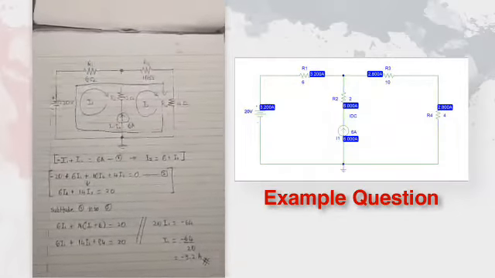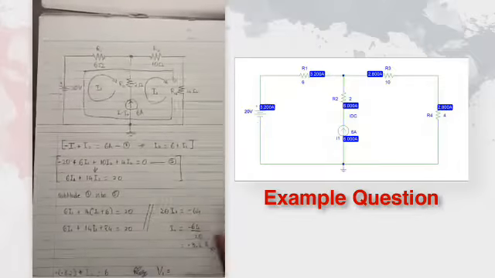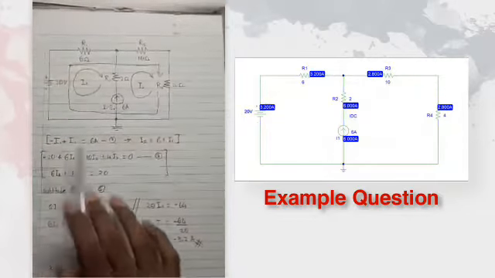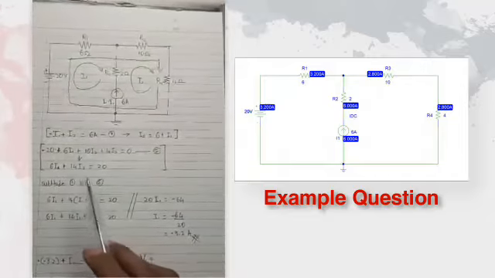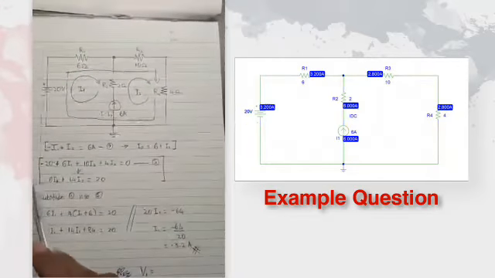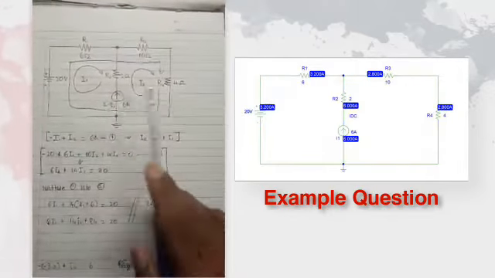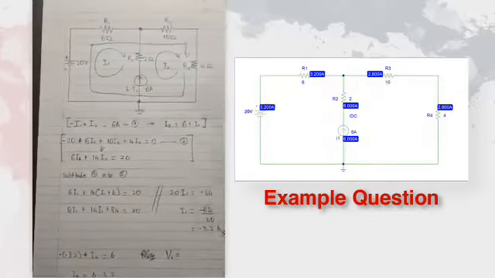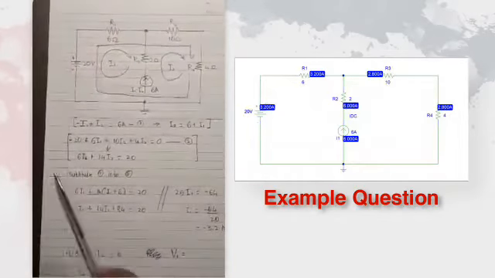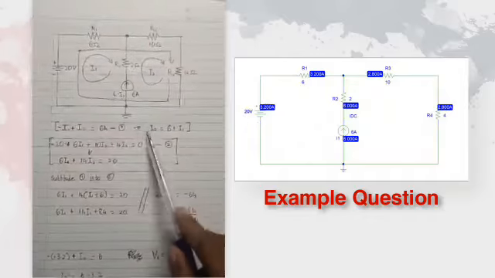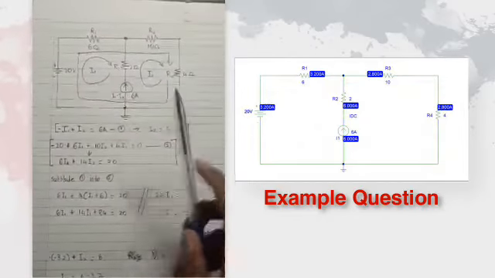As we see here, by rearranging, we get 6 I1 plus 14 I2 equals 20, since we bring this voltage over here. After finding these two equations, we substitute.